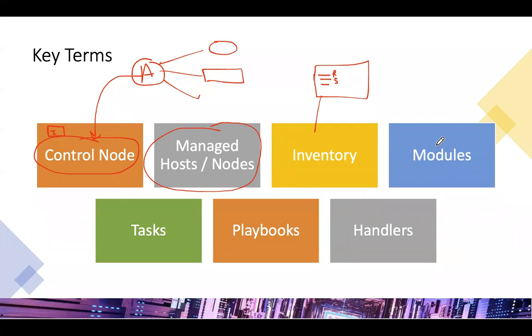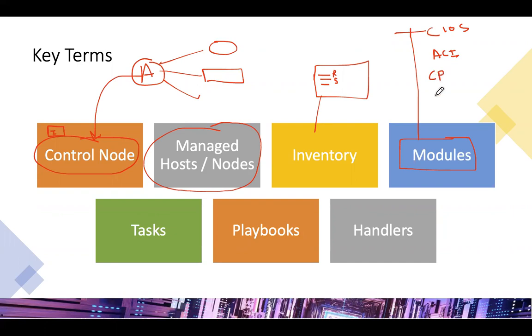The modules. Modules are basically a set of, I would say the best way to describe it, the functionality that the control node can perform. Examples of some modules are Cisco IOS, Cisco ACI, and Checkpoint.